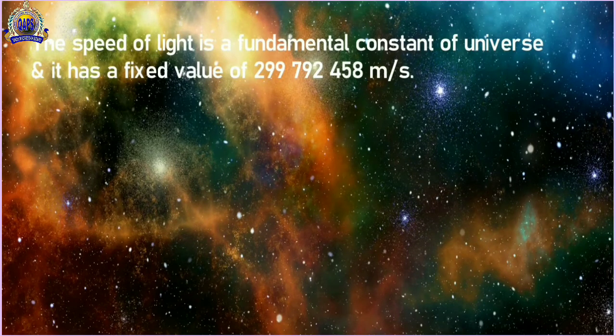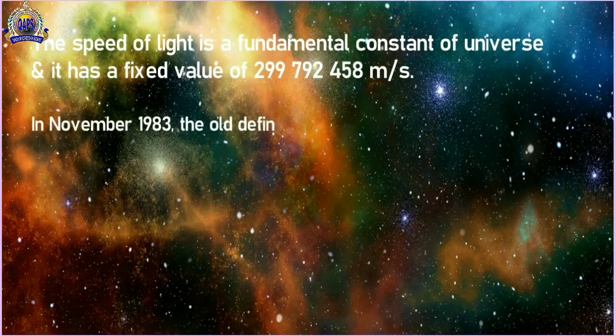The speed of light is a fundamental constant of the universe, and it has a fixed value. The speed of light in vacuum has a fixed value of 299792458 meter per second. Remember that only the definition of the meter changed, not the bar.